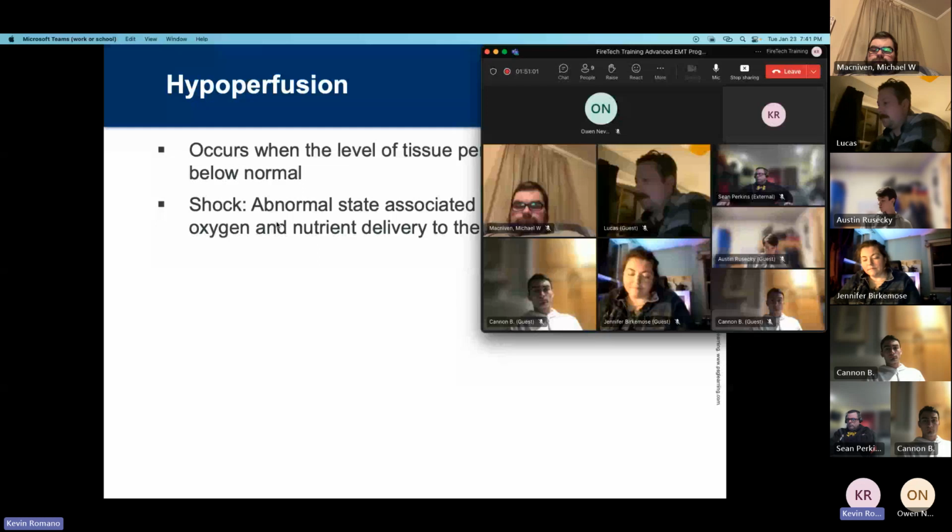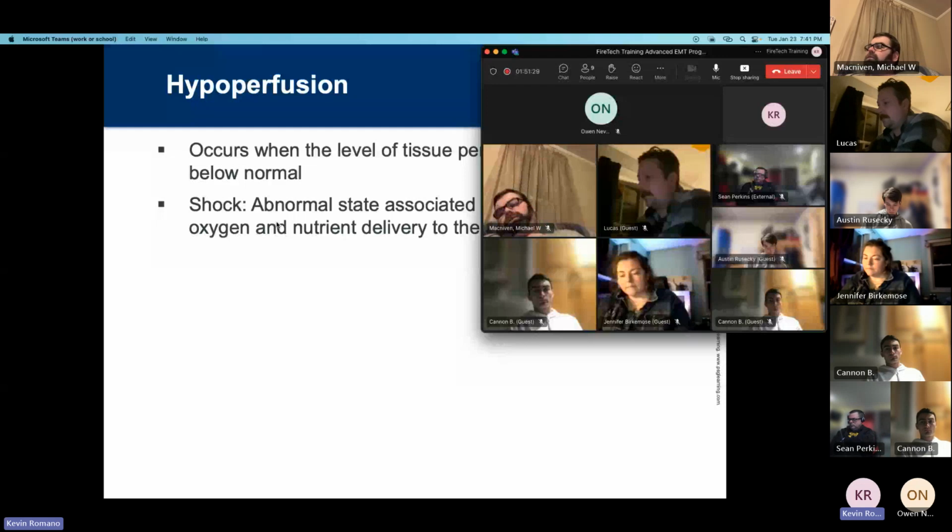Shock is an abnormal state associated with inadequate oxygen and nutrient delivery to the metabolic apparatus of the cell, resulting in an impairment of cellular metabolism and inadequate perfusion of the vital organs. We need to make sure that we're perfusing appropriately.